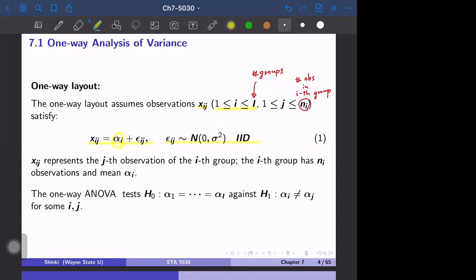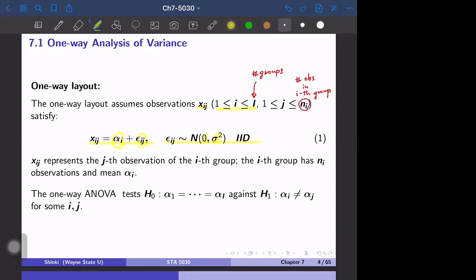Individual observations have some noise, so we have epsilon_ij, which has mean 0. And sigma squared is the same for all groups, all i's. So this is the model.